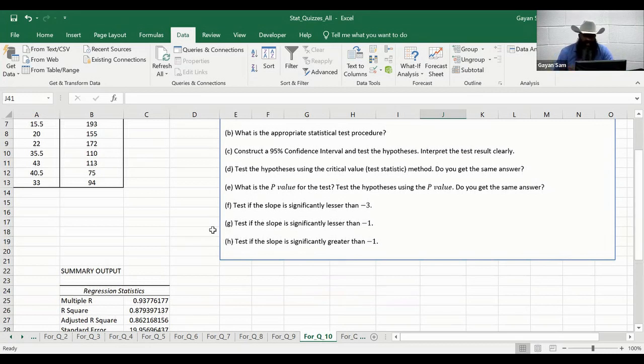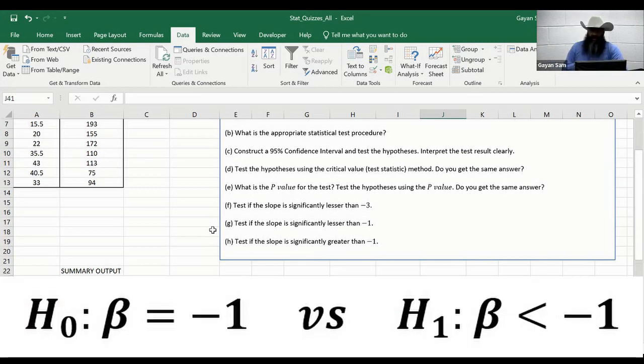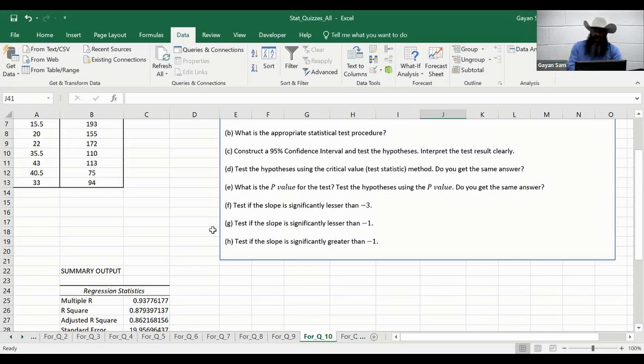Test if the slope is significantly lesser than -1. This time, how do you write your null hypothesis? The null hypothesis is beta is equal to -1, and the alternative hypothesis is beta is lesser than -1. Once again, we need a 95% lower confidence interval, and we need to see if -1 is found inside of that confidence interval.